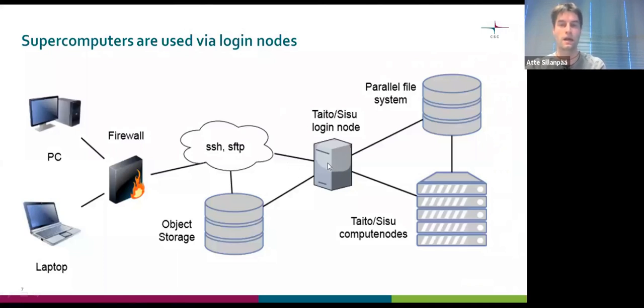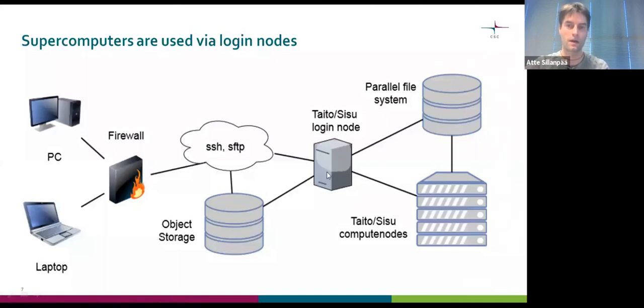So you're not actually logging into the supercomputer compute nodes, but the usage pattern is that you log in on a login node where you prepare your job, you describe using some files what kind of computational jobs you want to do, and you let the queuing system look for the right resources in the actual supercomputer and run the jobs.